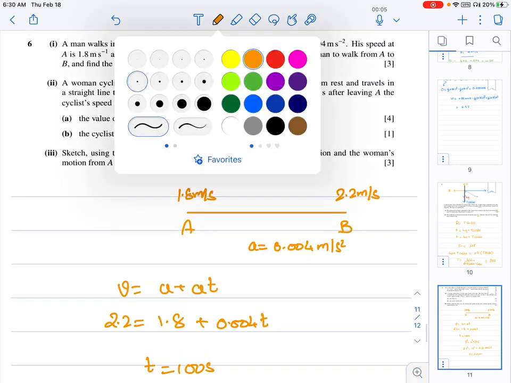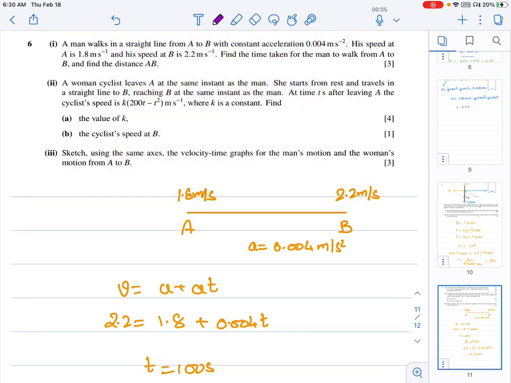Now coming to the woman cyclist, she leaves A at the same instant as the man. She starts from rest and travels in a straight line to B, reaching B at the same instant. So she is taking the same time. At a time t seconds after leaving A, the velocity is k times 200t minus t square.